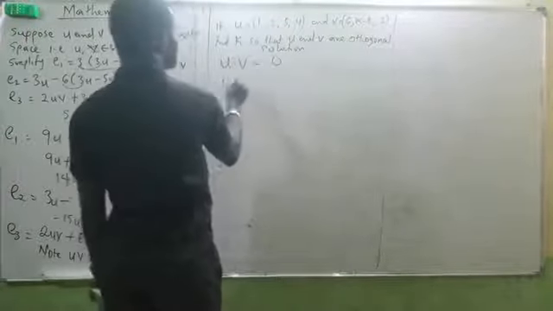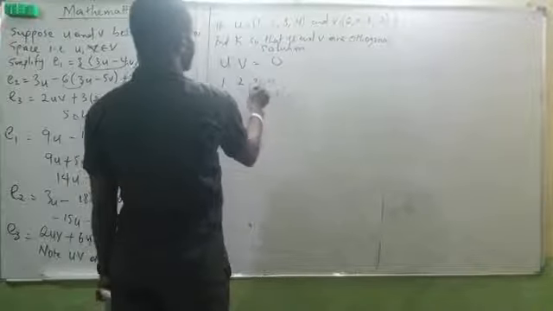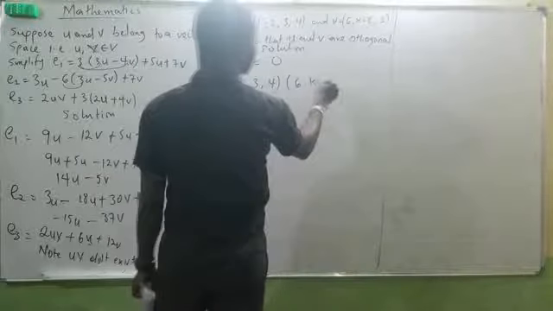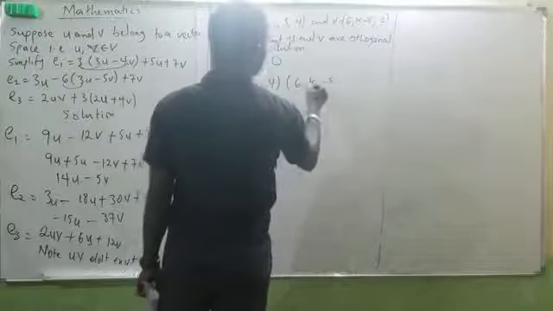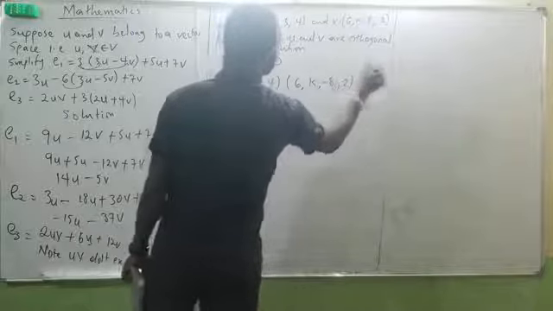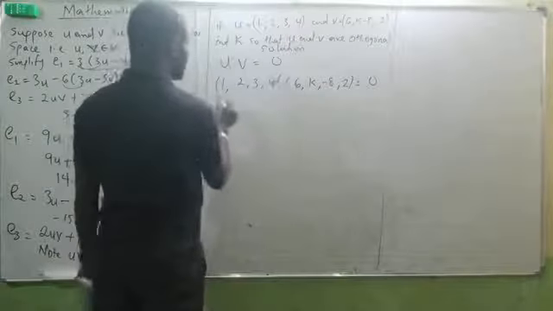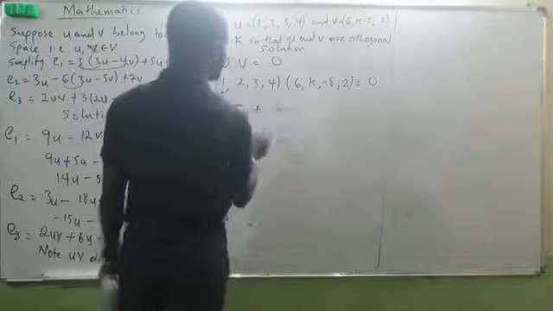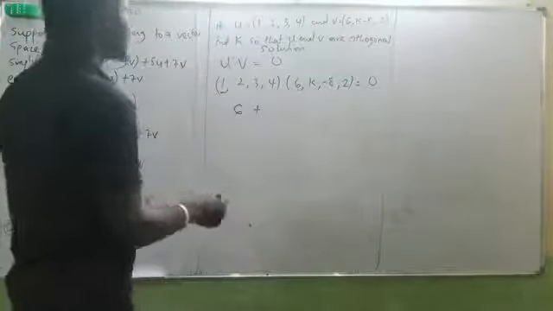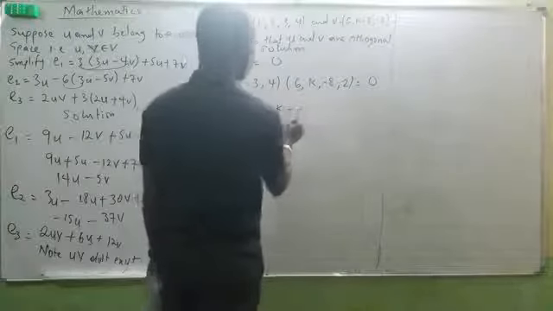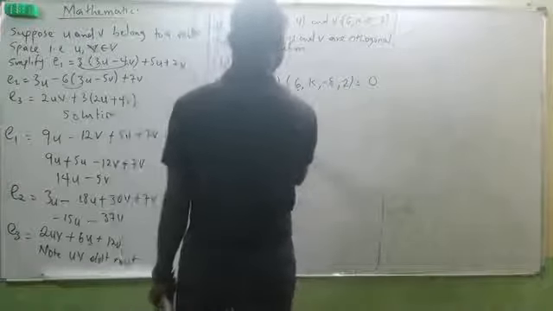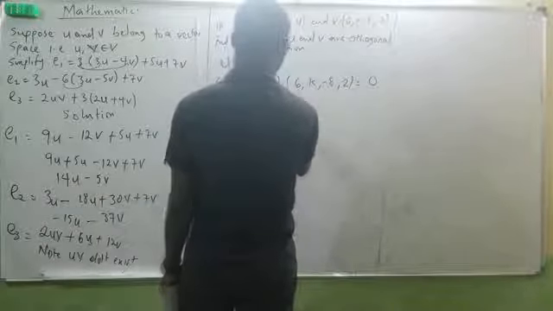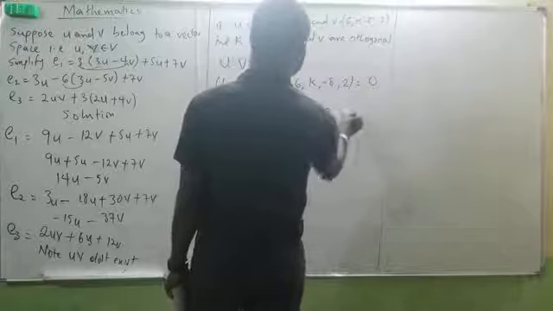Now u is 2, 3, 4 and v is 6k and 2, equals to 0. Now this times this is 6, plus this times this, we have 2k, minus 8, and this times this plus 8 equals to 0.